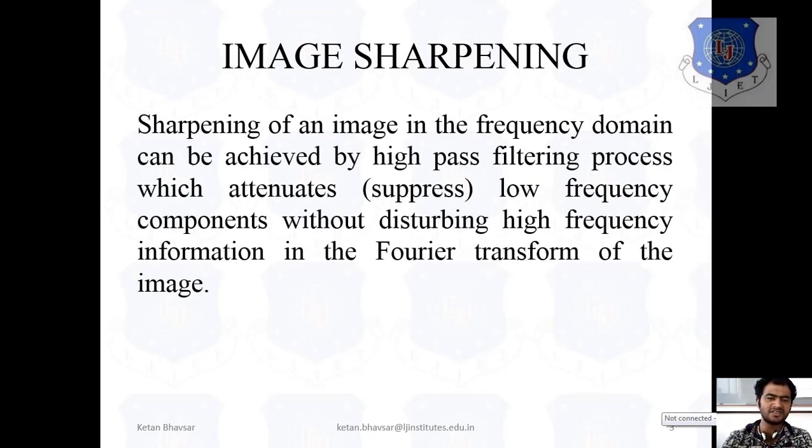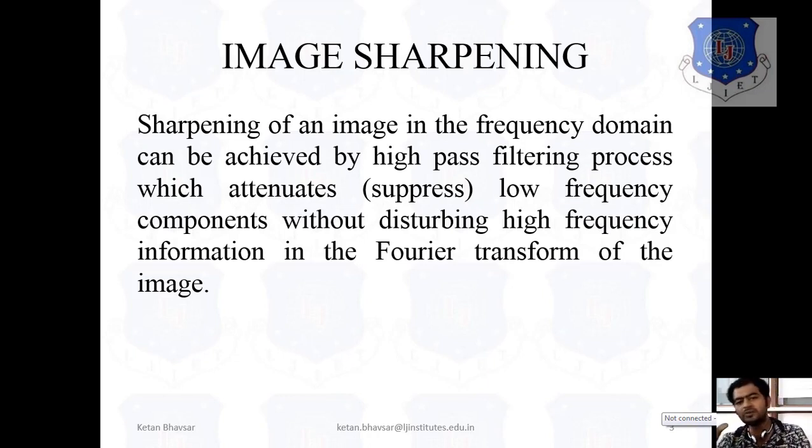Now what is image sharpening? Sharpening of an image in the frequency domain can be achieved by a high pass filtering process, which attenuates, meaning suppresses, the low frequency component without disturbing the high frequency information in the Fourier transform of the image.